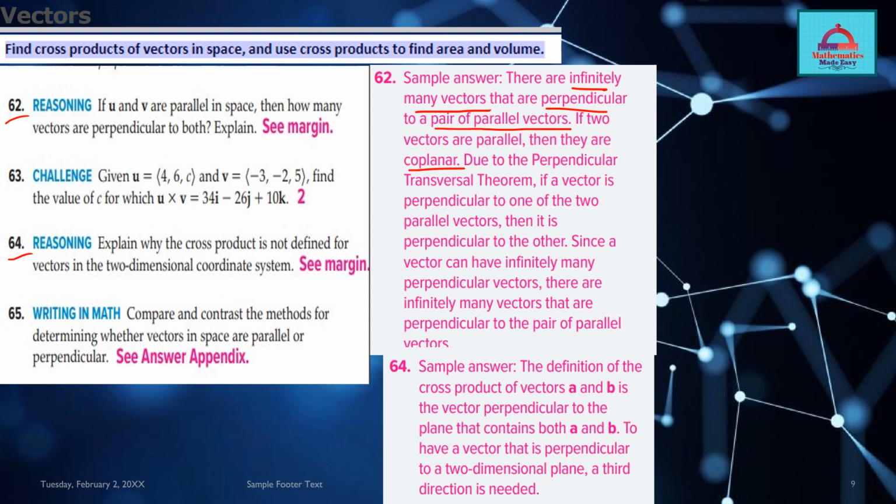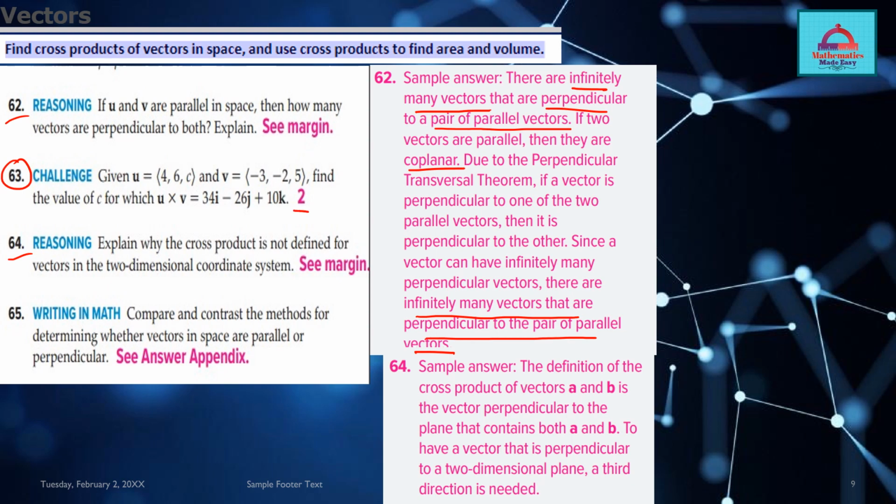Coplanar means they are going to lie in the same plane. Also, due to the perpendicular transversal theorem, if a vector is perpendicular to one of the two parallel vectors, then it is perpendicular to the other also. So since a vector can have infinitely many perpendicular vectors, there are going to be infinitely many vectors that are perpendicular to a pair of parallel vectors.